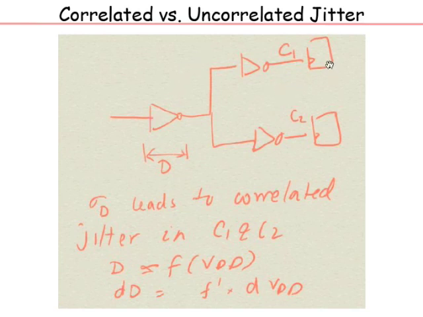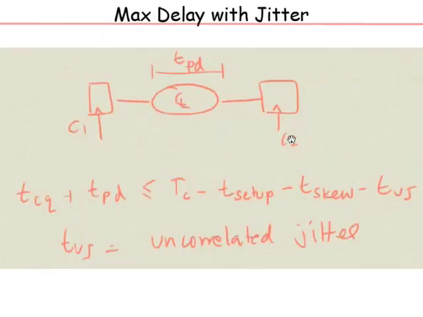If C1 launches data that is captured by C2 and C1 gets delayed, C2 will also get delayed, so there is no problem. But any uncorrelated jitter is what you have to put into your timing budget analysis. So your max delay essentially becomes constrained by not only the period from which you take out setup and skew, you also have to take out any uncorrelated jitter component.